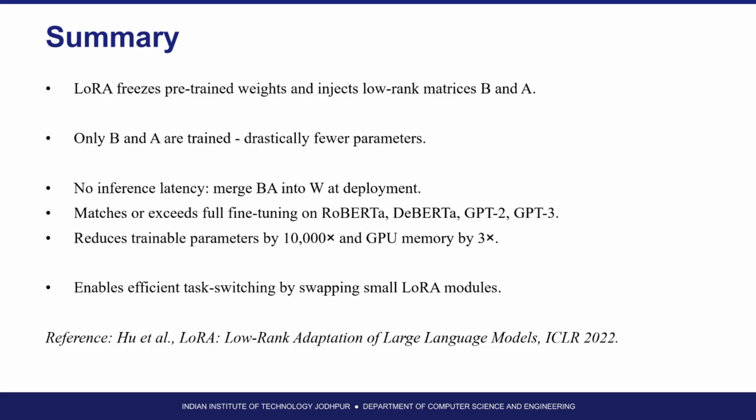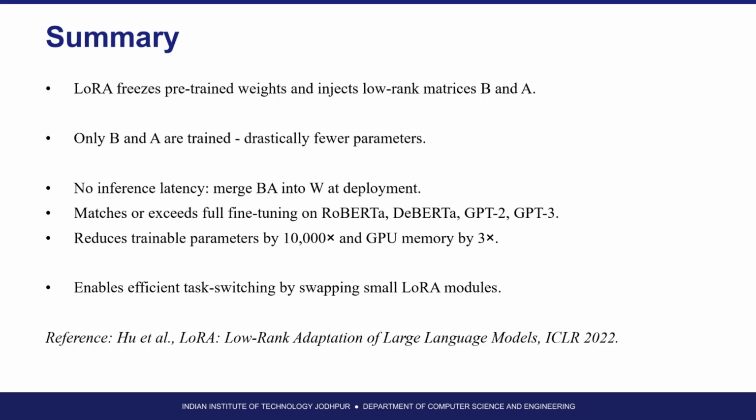Okay, so let me wrap up with a quick summary of what we have covered. LoRA freezes the pretrained weights and injects low-rank matrices B and A alongside them. Only B and A are trained, which means drastically fewer parameters. At deployment, you merge BA into W, so there is zero extra inference latency.